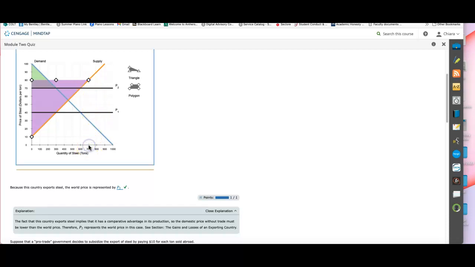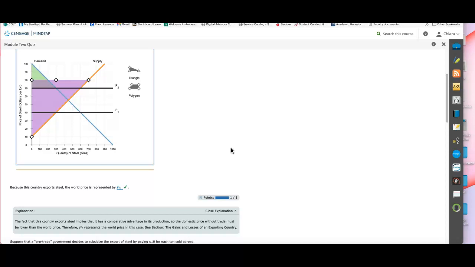So if you compare the $6,500 in extra producer surplus, it's costing the government $7,000. So we're actually losing $500 in total surplus for the economy.